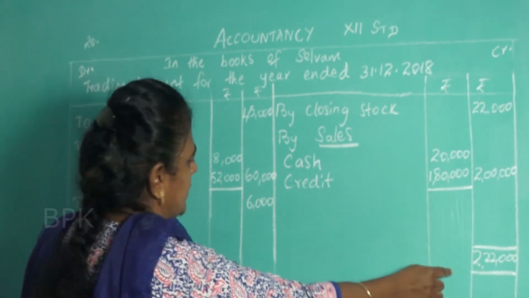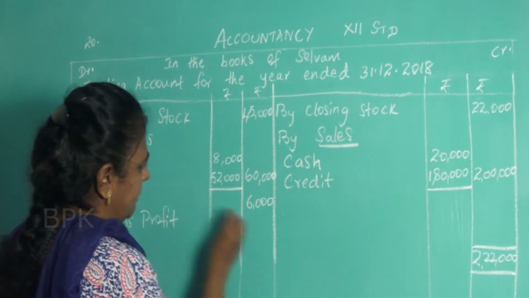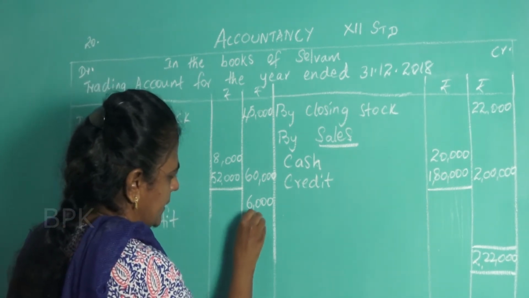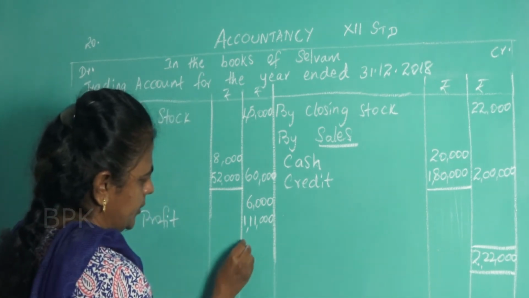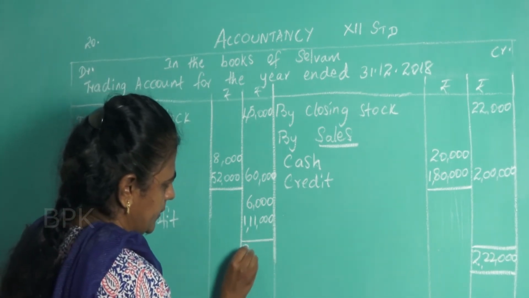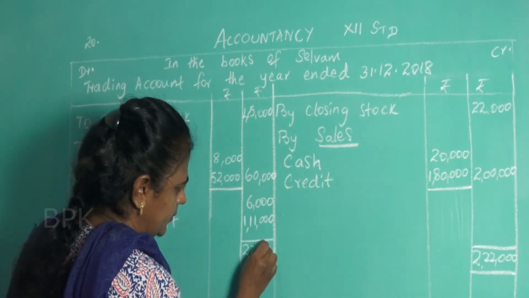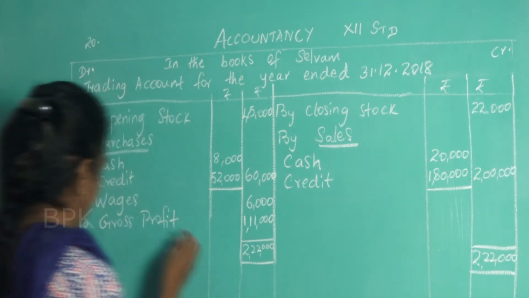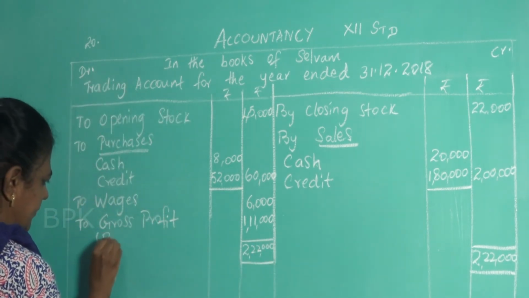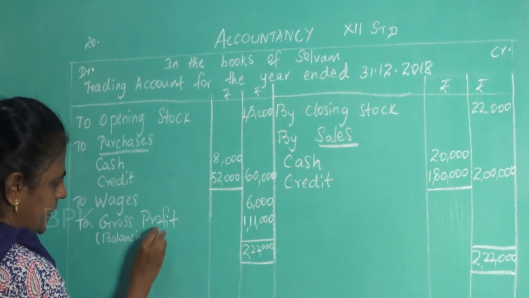So this minus these will give you gross profit 1,11,000. Put the total here 2,22,000. So gross profit is the balancing figure.